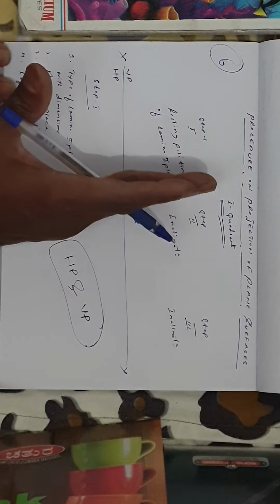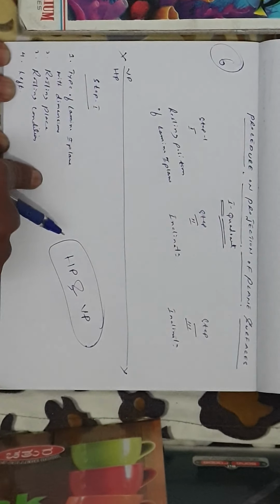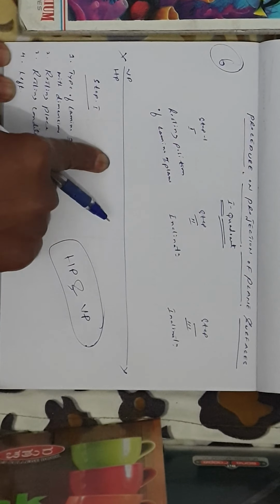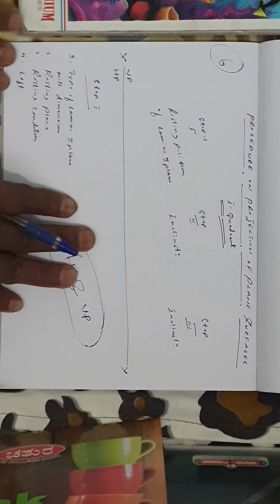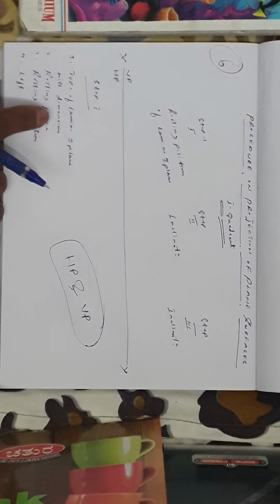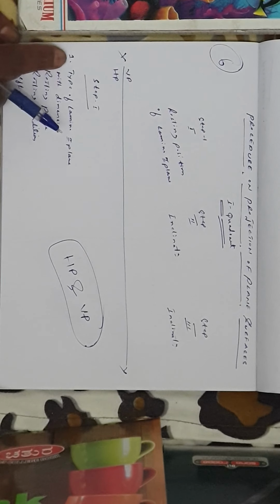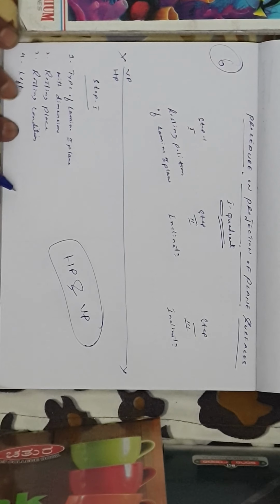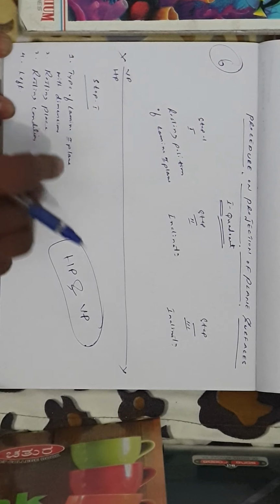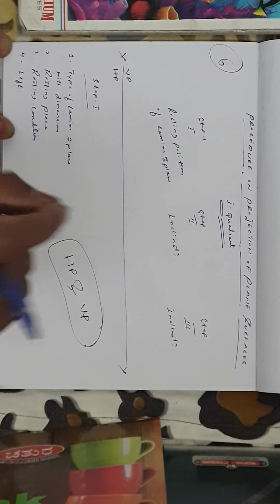Before coming to step 1, what data are required to begin it? A problem will be given to you. To begin the first step, we require 4 data, which we need to find from the given problem.